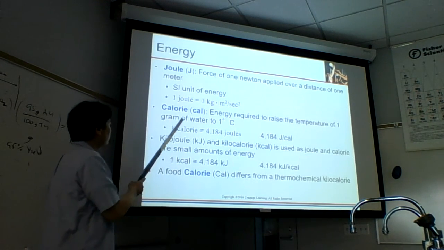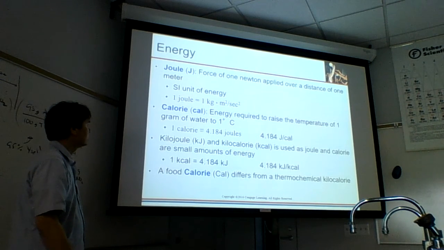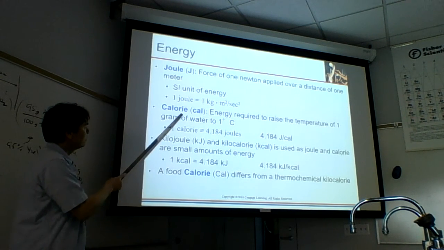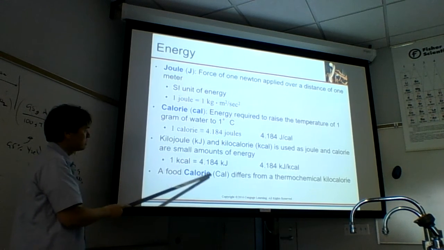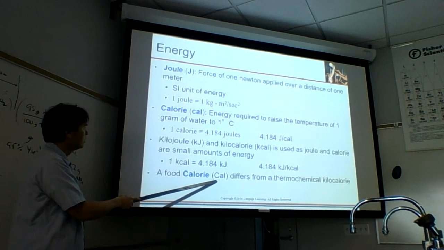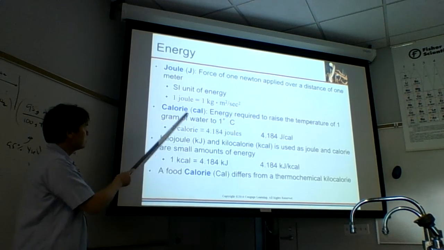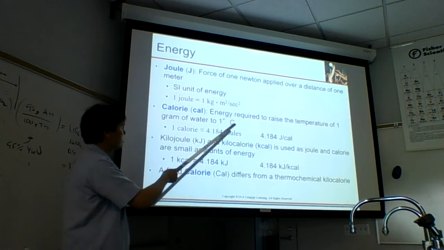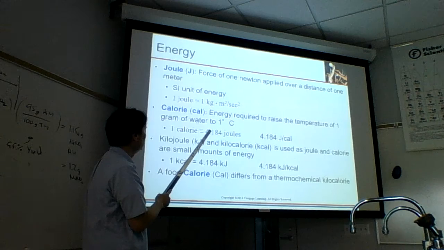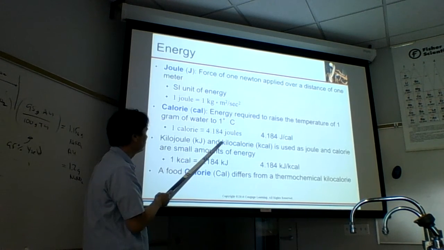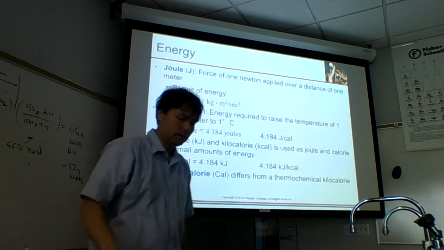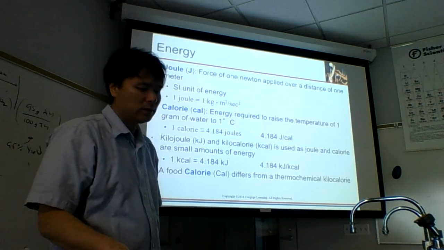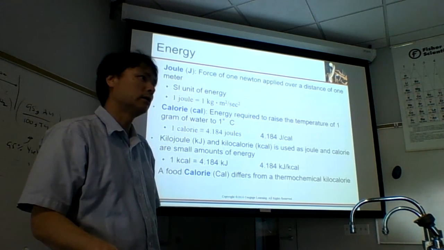We also have the calorie. There are 2 types of calories: the calorie with the small c, and then a calorie with the large c. The small c calorie is the energy required to raise the temperature of 1 gram of water by 1 degree C. So if we want to heat up a gram of water by 1 degree C, it's going to cost you 1 calorie.